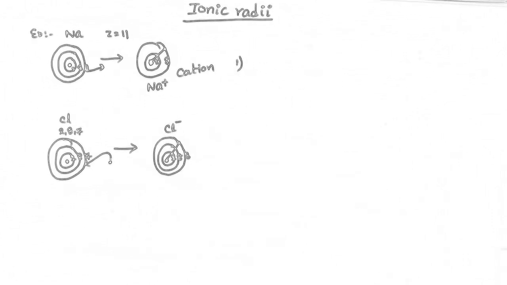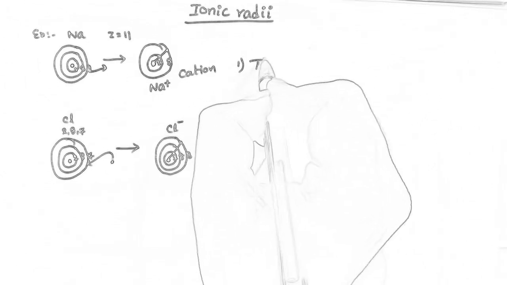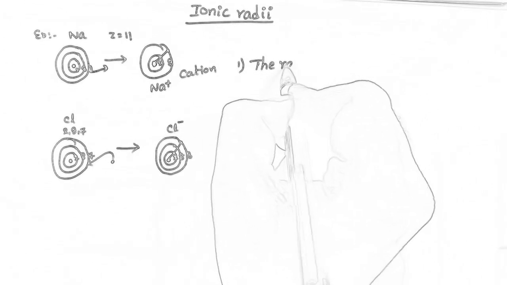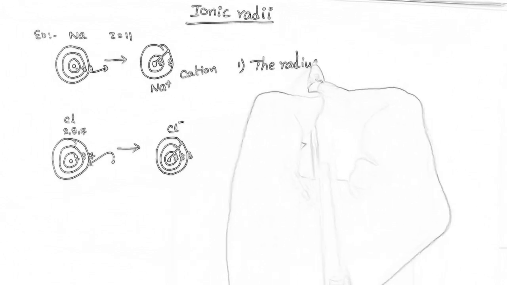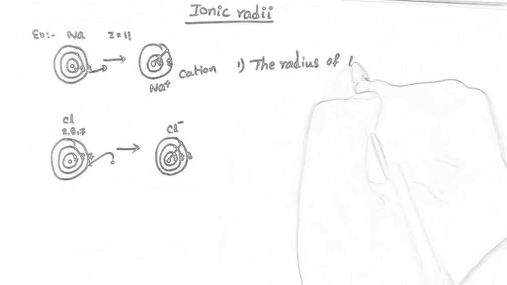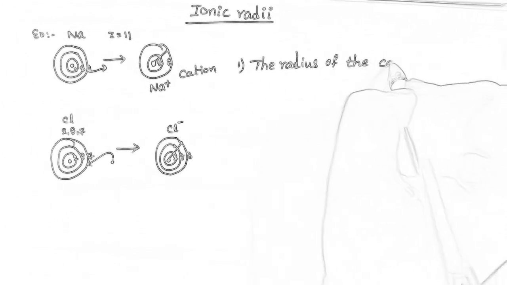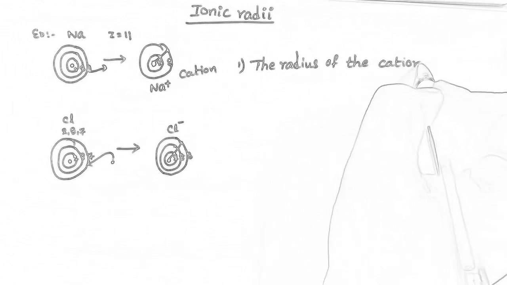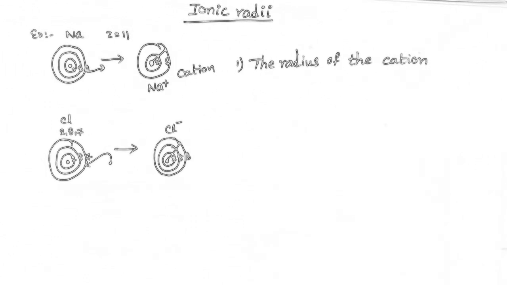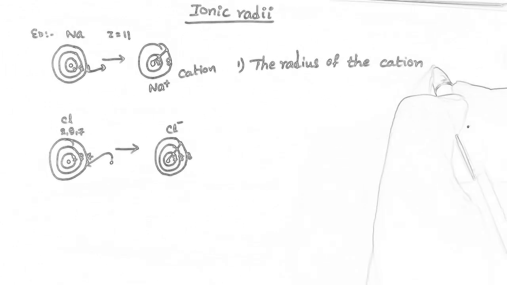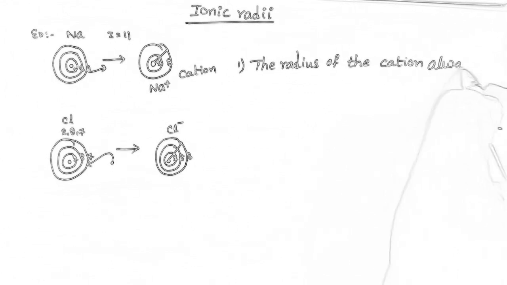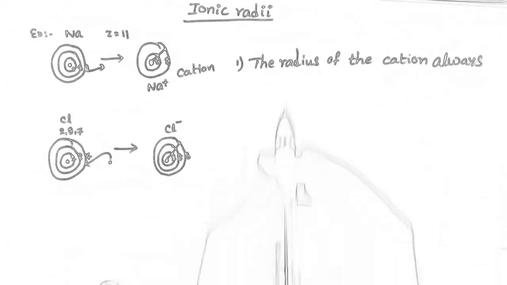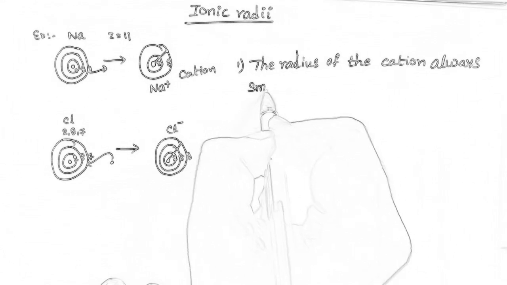the radius of the cation is always smaller than the atomic radius of the parent atom.